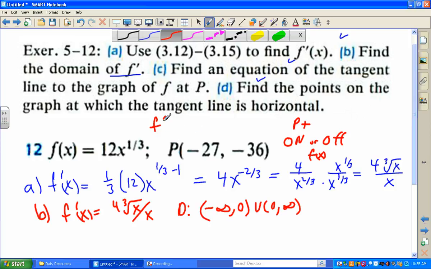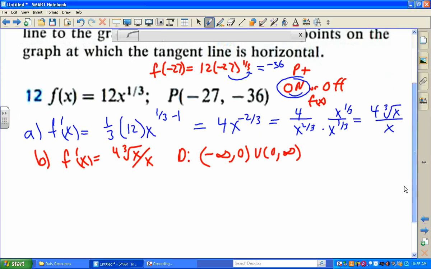The function value of negative 27 equals 12 times negative 27 to the 1/3. Remember me? I like to take the cube roots first. So the cube root of negative 27 is going to be negative 3. 12 times negative 3, negative 36. It's on the graph. Life is good.